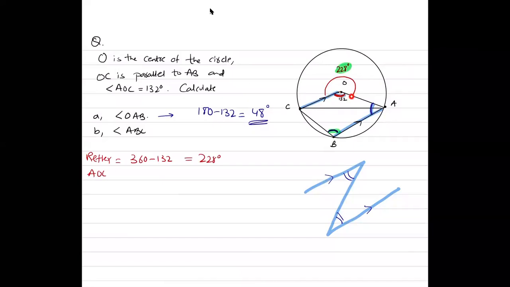Then the angle at 228 is the angle at the center. ABC, angle at the center, that is 228. Half of 228 is 114.